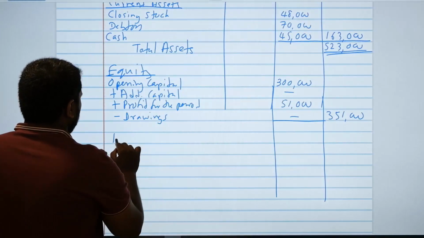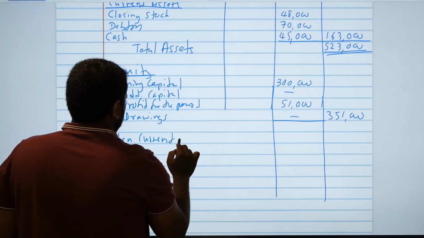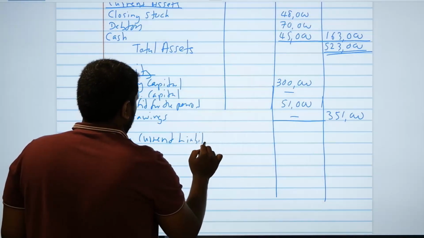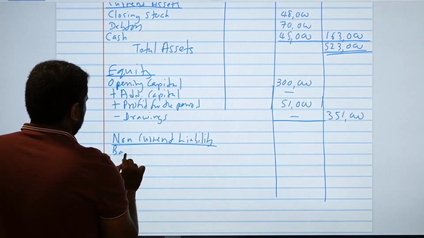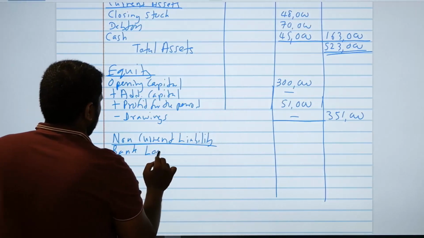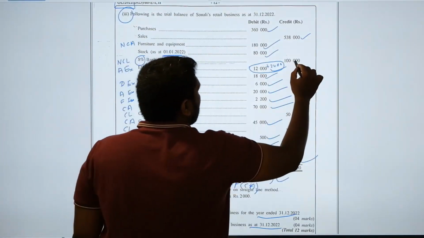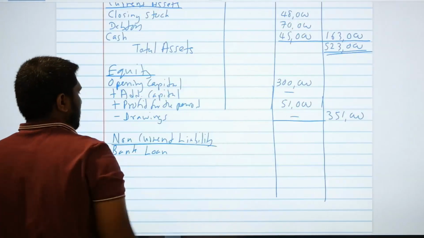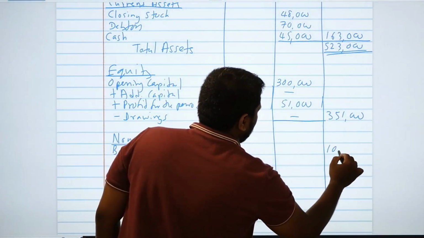Then let's come to the non-current liability. We have the bank loan. How much is the bank loan? 100,000. Bank loan 100,000. I'll directly write it here.